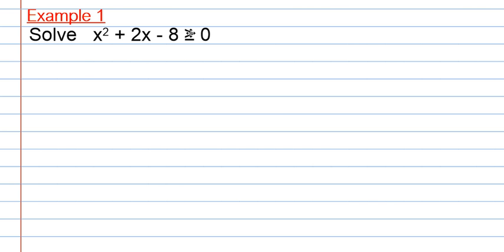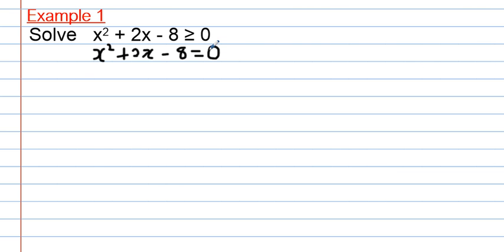So to solve this inequality, we pretend as if it's a quadratic equation, and we factorize it. Let me write it as an equation first: plus 2x minus 8 equals 0.